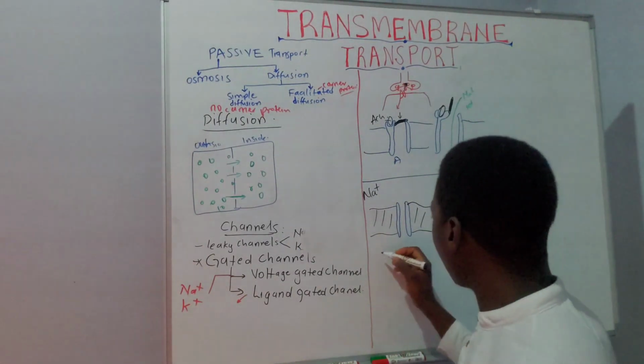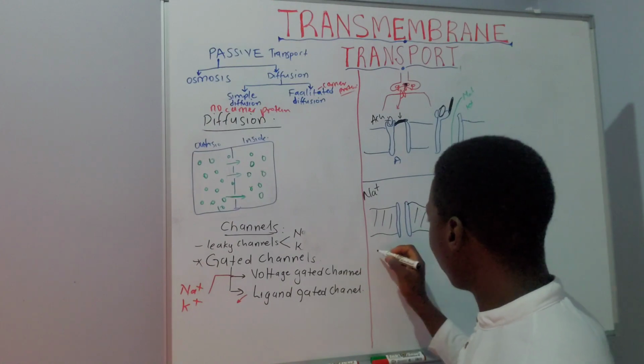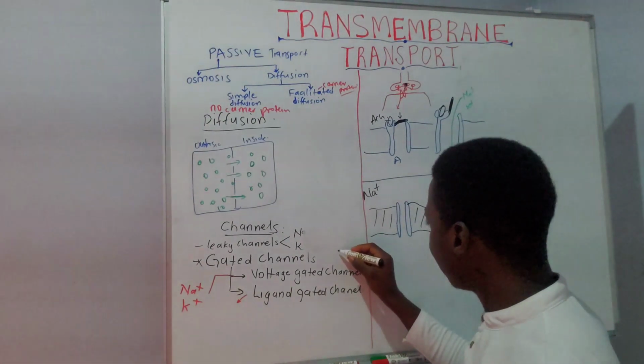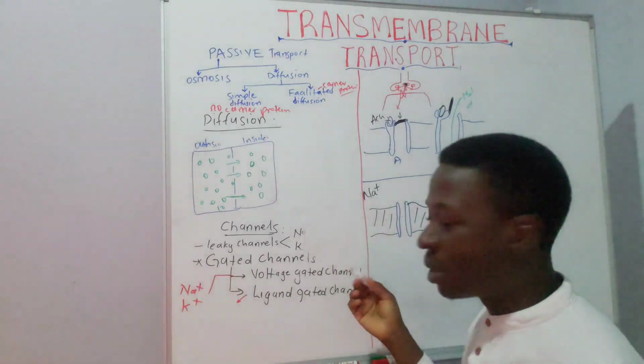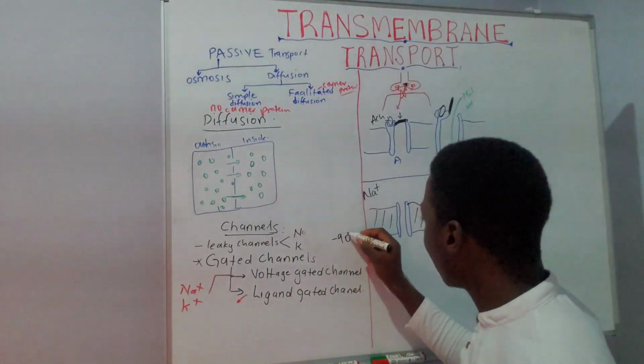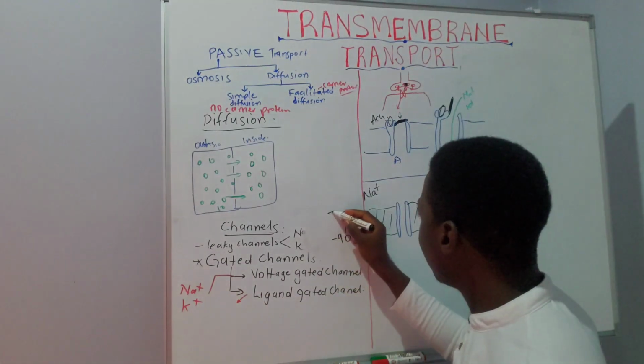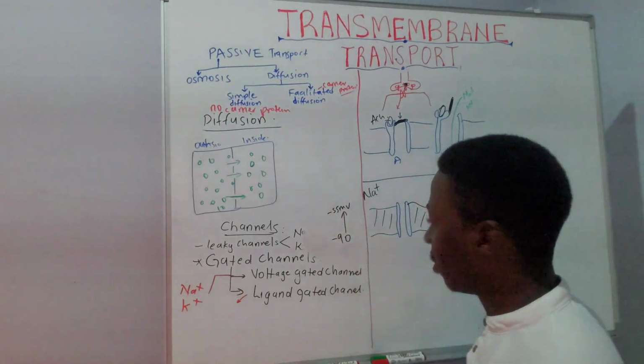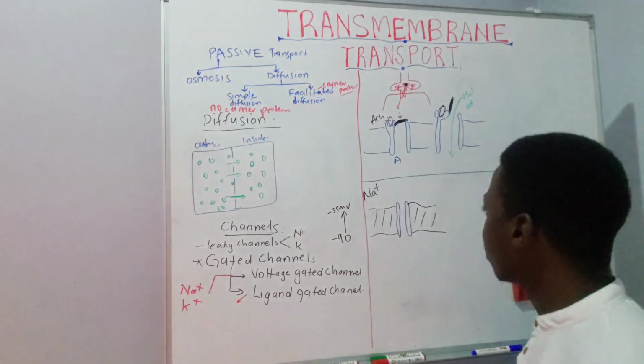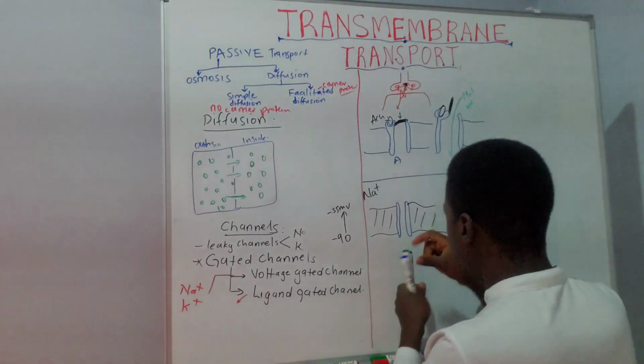When the membrane potential of the cell changes, maybe in skeletal muscles, from -90 and becomes less negative to around -55 millivolts, this is going to cause opening.